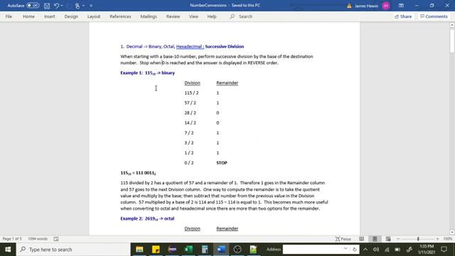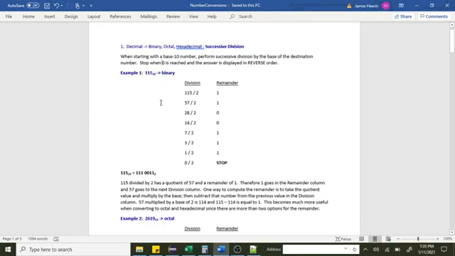When you're starting with a base 10 number, which is decimal, you do what's called successive division by the base of the destination number. Stop when 0 is reached, and the answer is displayed in reverse order. This is a very simple algorithm, and that will give you your desired answer.